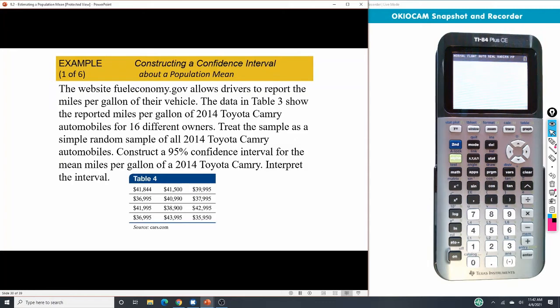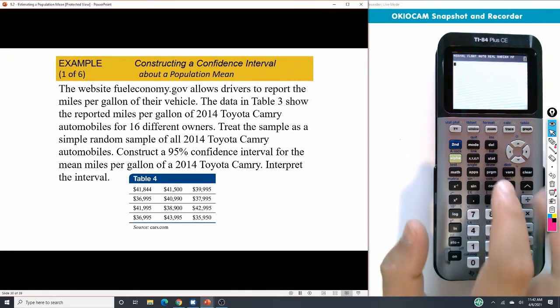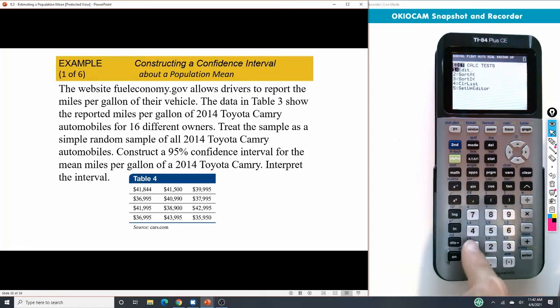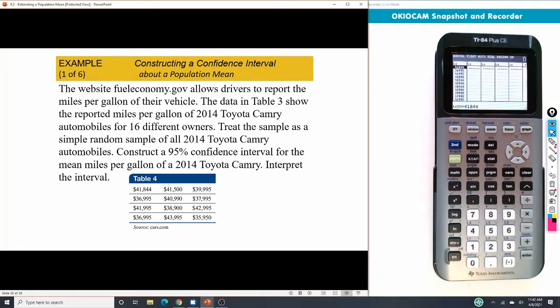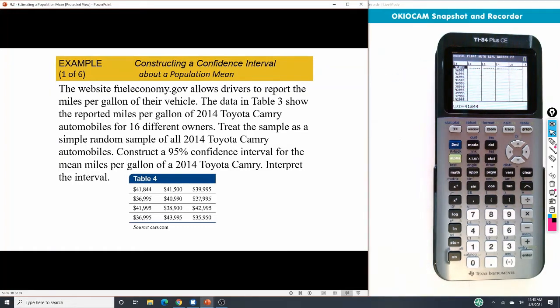So we can see a couple of different ways that we can approach this. Now, because they gave us the data, we want to work with that data. So in order to work with that data, we first want to put that data in. So we would go to Stat and then Edit. And in L1, we would put all of that data, which I've already done for us here. So we plug in all that data here, and we could work through those, okay?